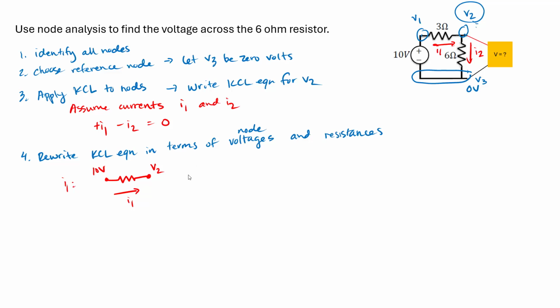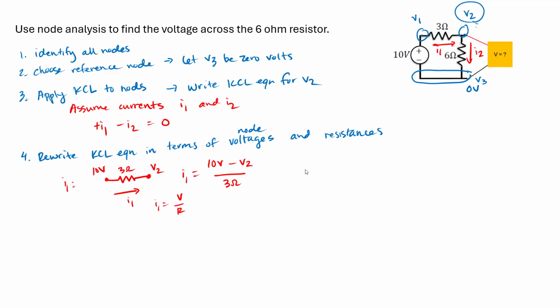By Ohm's law, we can say that I1 must be equal to (10 volts minus V2) divided by 3 ohms, because the current I1 by Ohm's law is equal to the voltage pushing the current through divided by our resistance.